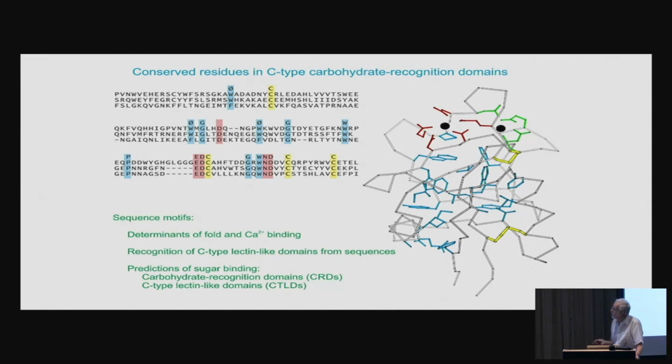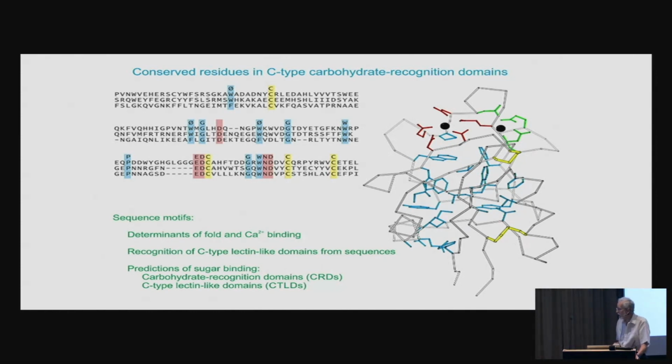And that set of residues includes the residues that ligate to the calcium. It includes some disulfide bonds, and it includes a series of hydrophobic aromatic residues that make the fold. And the useful thing about that is that we can recognize a motif that's going to be conserved in these types of domains, so that we can then look for that motif.